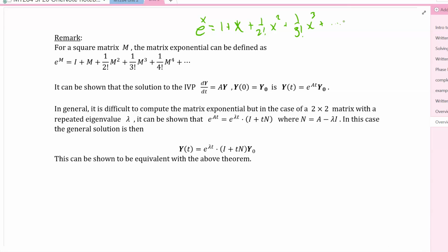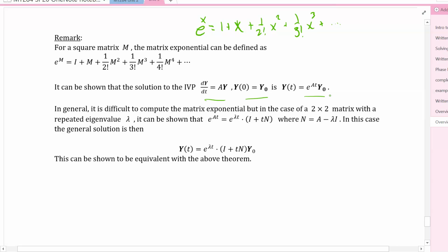Well, it turns out if you plug in a square matrix M, you can define what's called a matrix exponential, and that series will converge in every sense that you would need, and it turns out that the solution to any initial value problem for a linear homogeneous system can actually be expressed in terms of the matrix exponential.